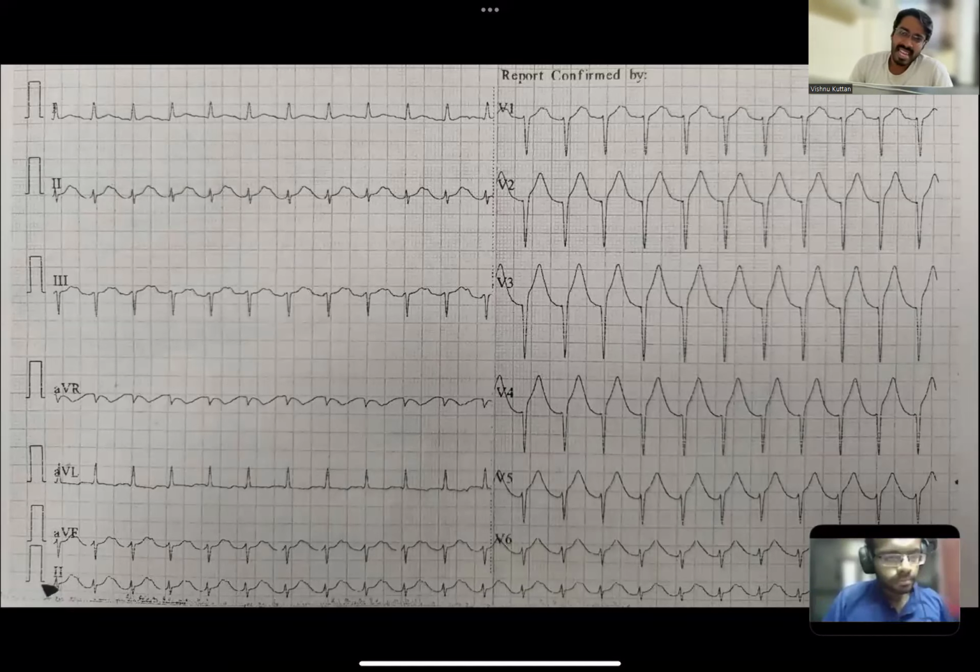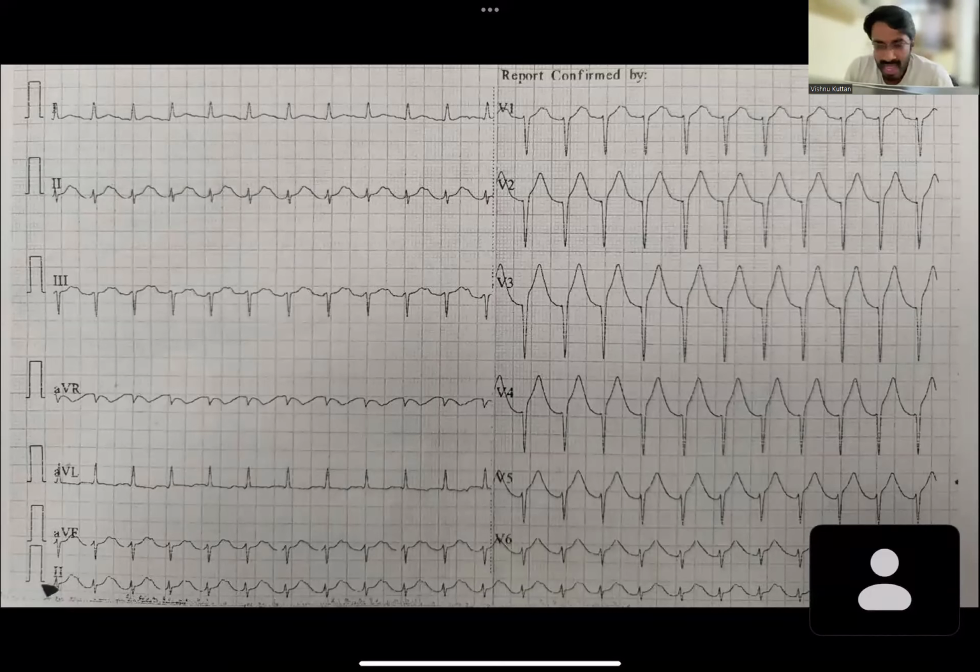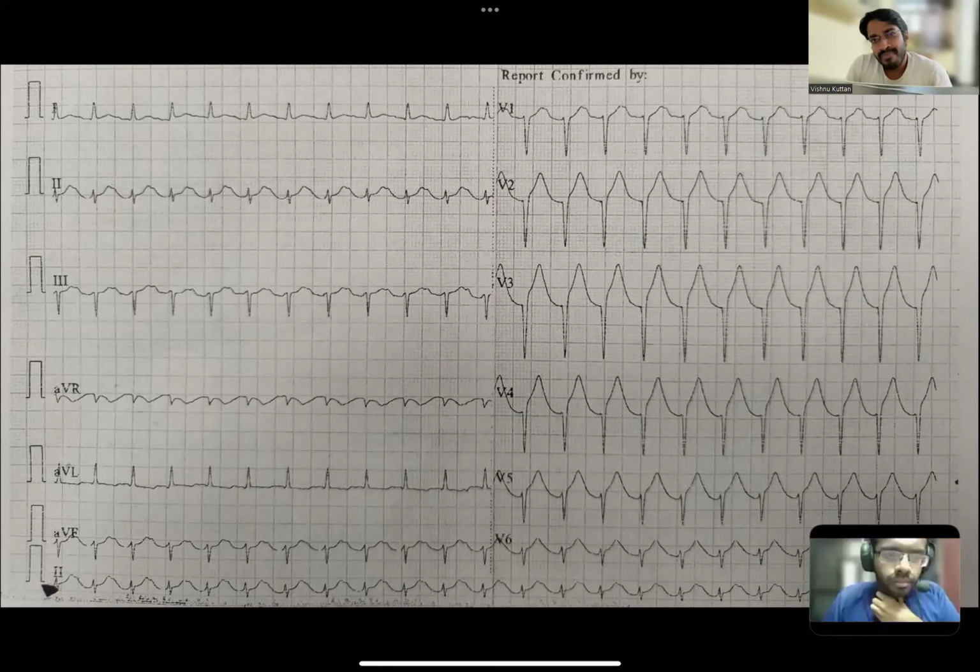By this time, his blood gases had also come back and showed a lactate of just 1.6, confirming my thinking. How do you manage PSVTs? Basically, you divide it into two groups: hemodynamically stable and hemodynamically unstable.